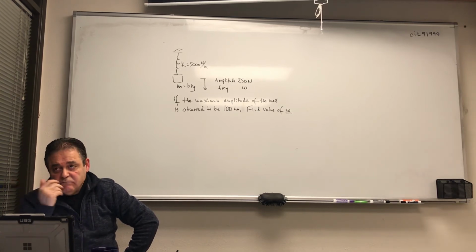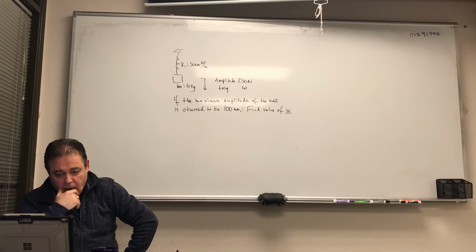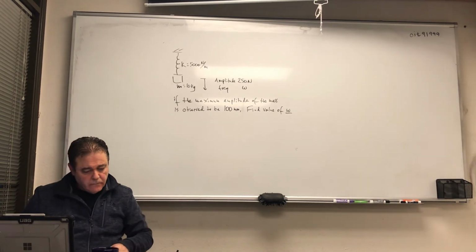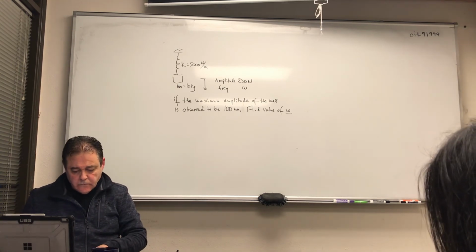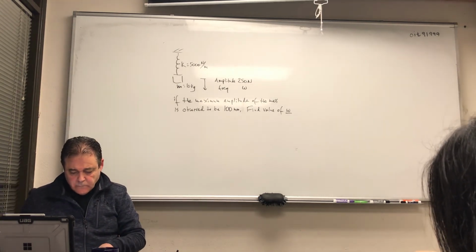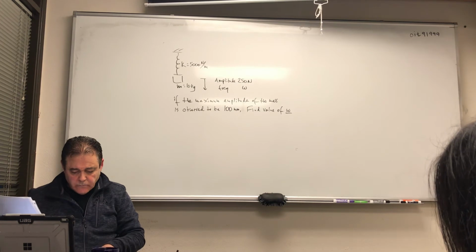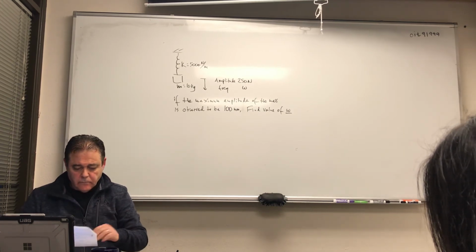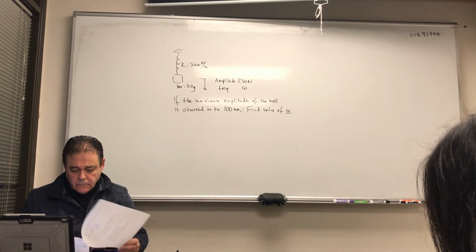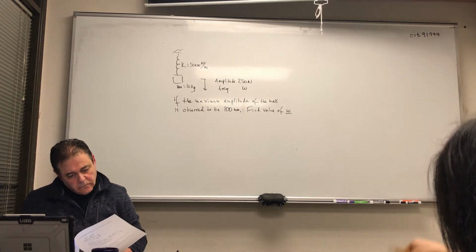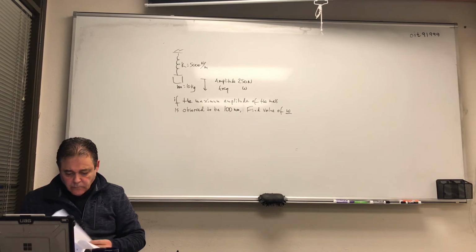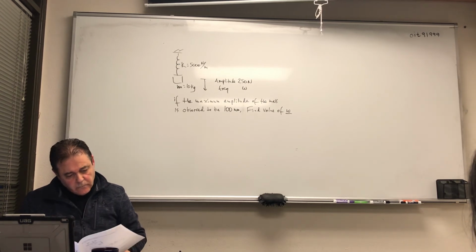Either way. X is F naught over K minus M omega squared. That one looks good. But do we know F naught? Yes, 250 newtons. So 100, 250. Boom.